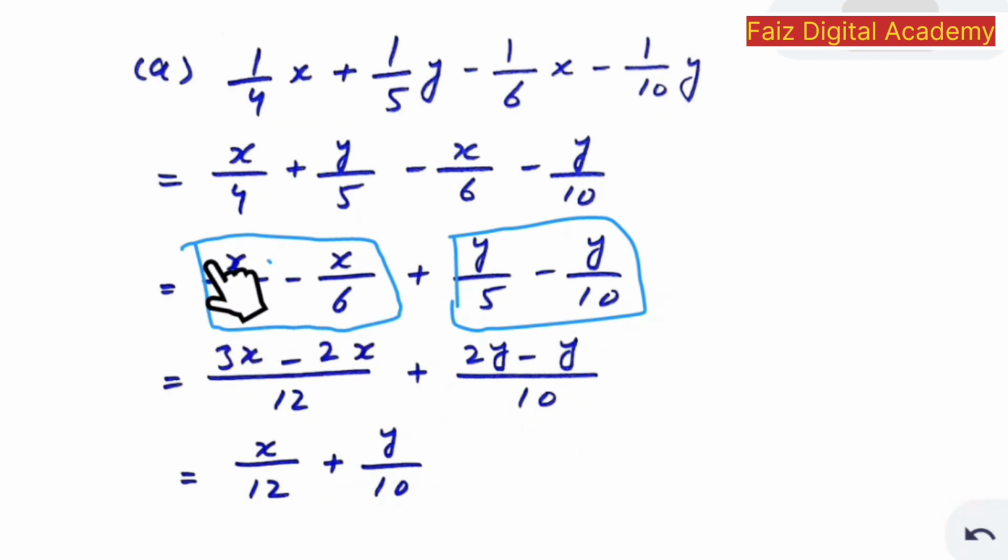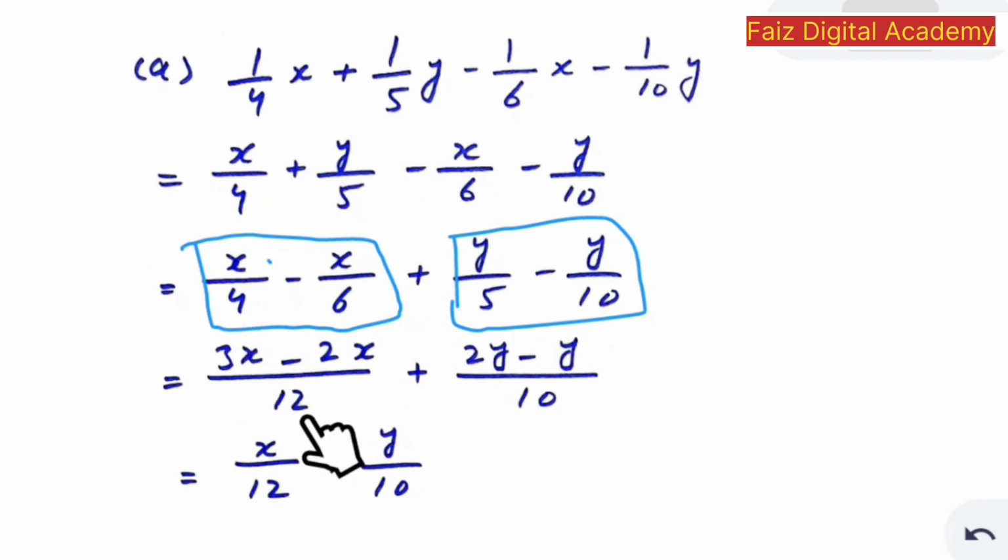This x over 4 can be added or subtracted from x over 6. Similarly y over 5 can be solved with y over 10. So we arrange them, and after arranging, next we have to take the LCM of 4 and 6, like we solve any other fraction.